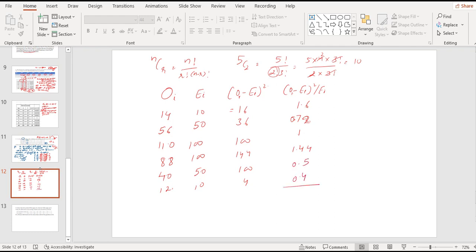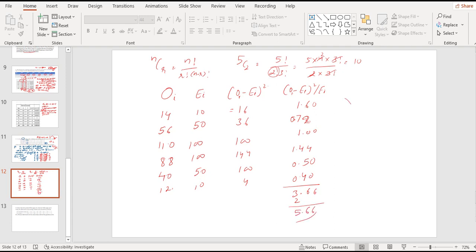Alright, so if we add these up: 1.6, 0.72, 1, 1.44, 0.5, 0.4. So its value comes out to be 5.66.